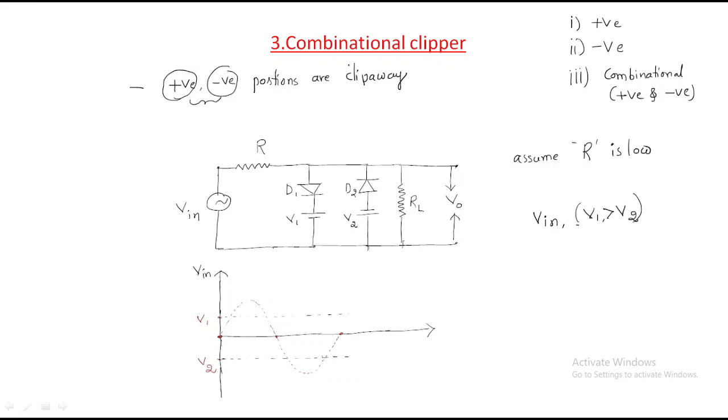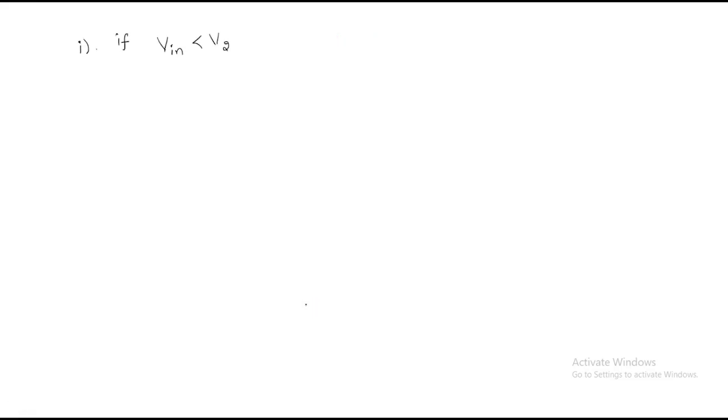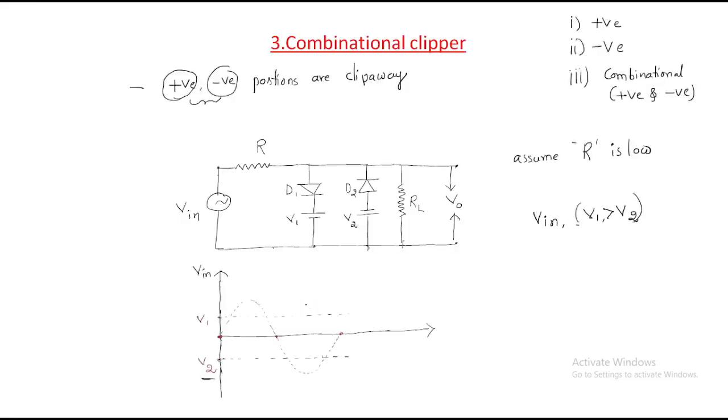In the first case, we discuss if the input voltage is less than V2. That means, look here, this is V2, and we are discussing this part, where the input is less than V2.